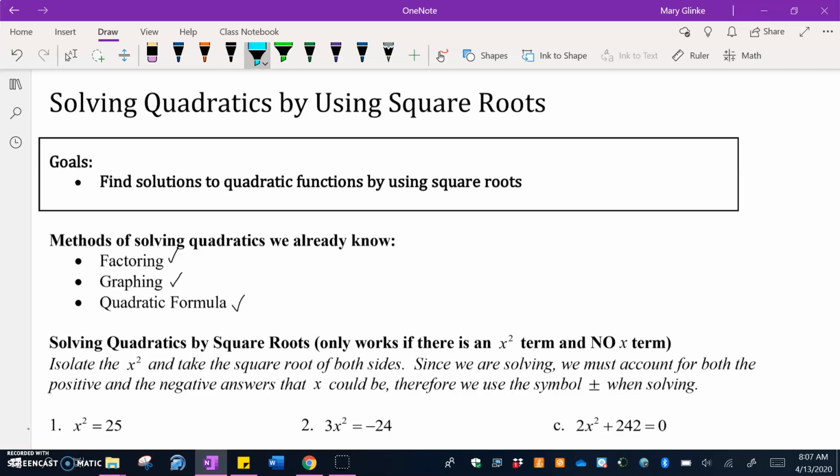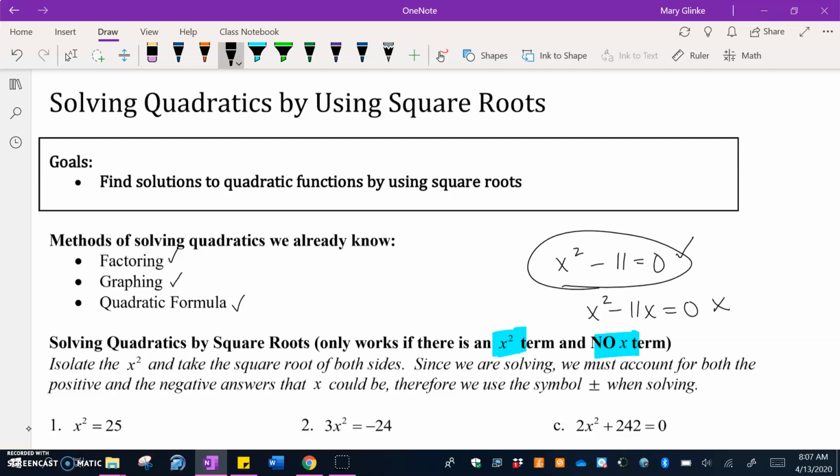Now this is actually a very helpful method, but it only works if there's an x squared term and no x term. So for instance, if you had x squared minus 11 equals 0, you could use square roots with that one. But if you had x squared minus 11x equals 0, you could not use square roots for that one.